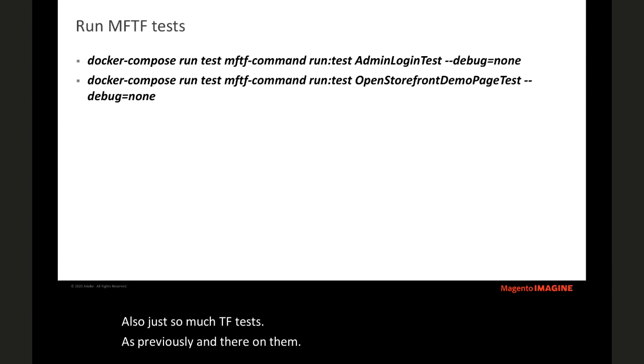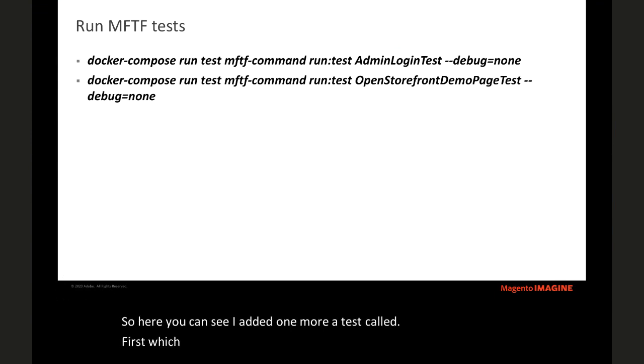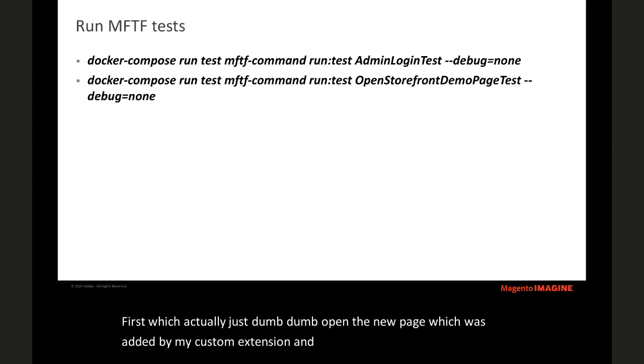Here you can see I added one more test called Opera Storefront Demo Page Test, which just opens the new page which was added by my custom extension and verifies that there is a specific text.